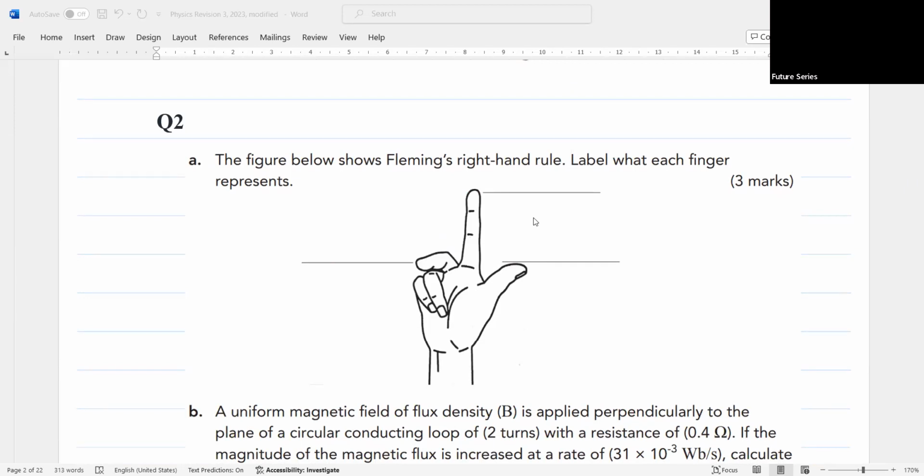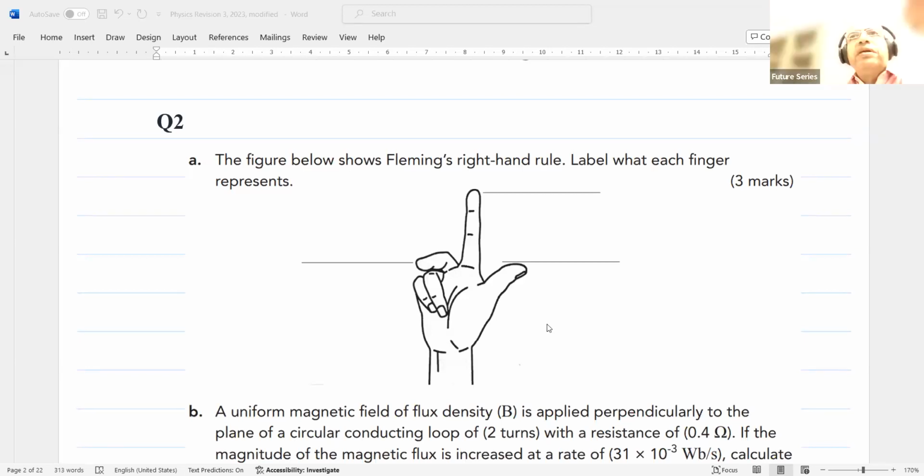My picture is clear for you. So this is Fleming's right hand. Current, field, motion.